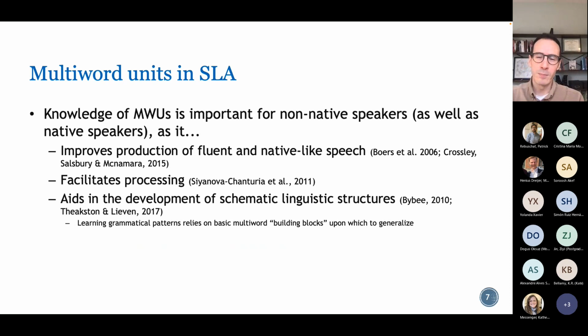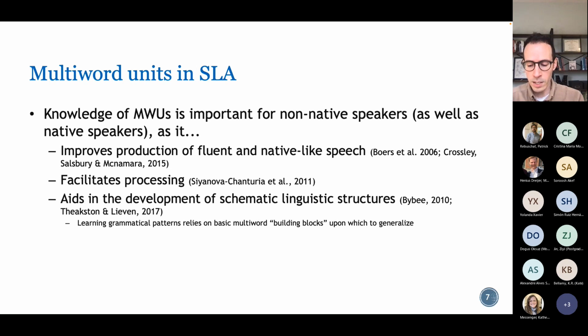As I said, I'm probably preaching to the choir in this particular group, but just to highlight a couple of relevant points. We know that knowledge of multi-word units is important for both non-native as well as first language speakers, as this improves the production of fluent and native-like speech, or speech as expected by interlocutors, and this of course facilitates processing.